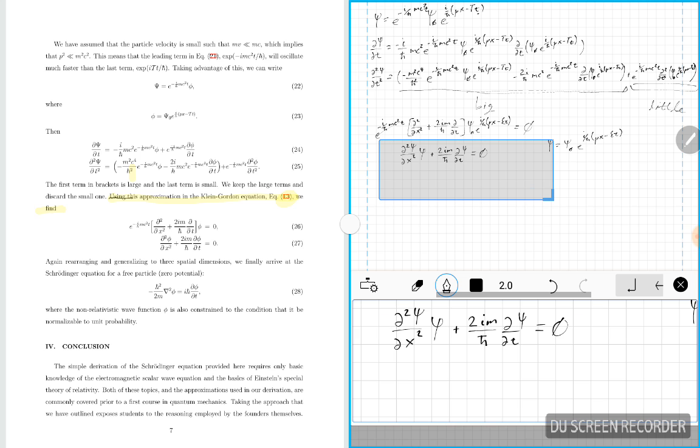Now we can work that out. The second derivative of that guy with respect to space would give us i squared p squared over h bar squared, plus the first derivative with respect to time. So we have 2 times i m E. We will have another i come out, and we will have an h bar come out, and we had an h bar on the bottom.